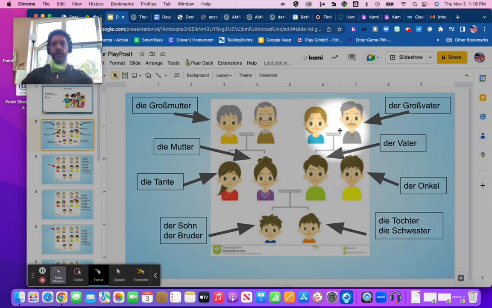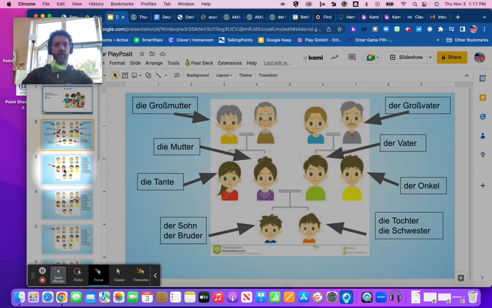And if we go up here, we have the grandparents. So the dad's grandparents would be die Großmutter, grandmother, and der Großvater, grandfather. And then we have the maternal grandparents on the mom's side, der Großvater and die Großmutter, or grandfather and grandmother.